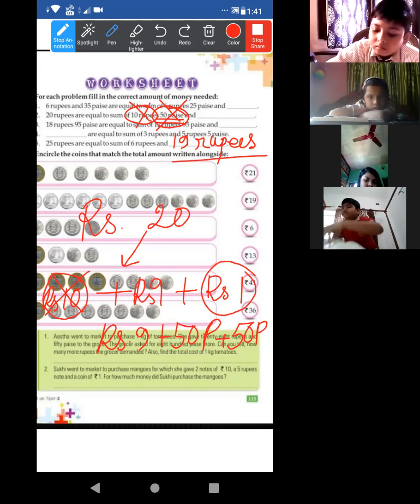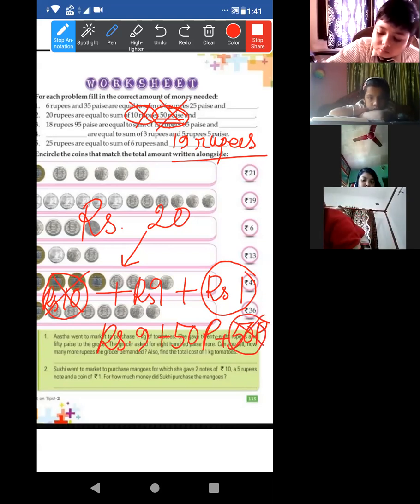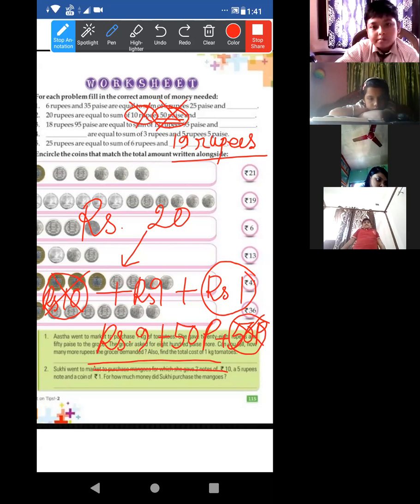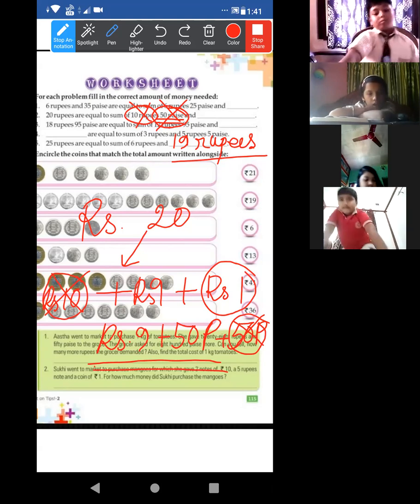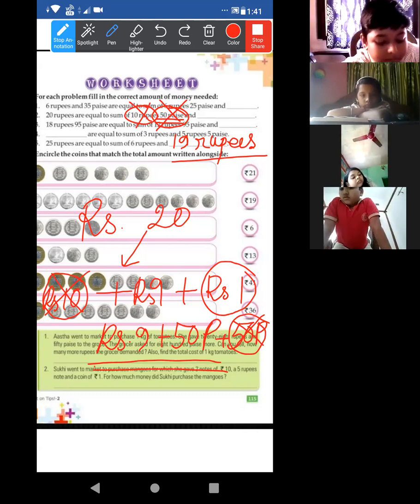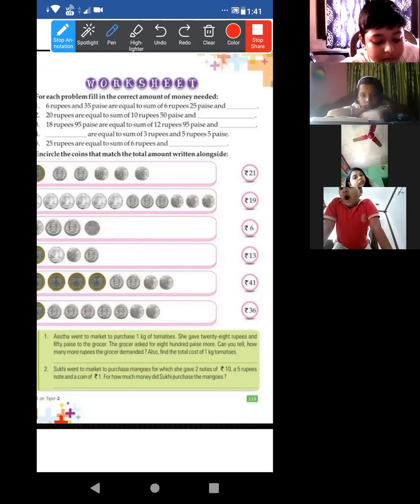Here also cross it. Understood? Now how many are remaining? 9 rupees and 50 paise. Yes or no? So now understood everyone? Okay. Good.